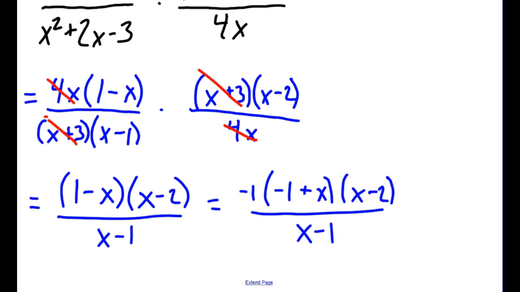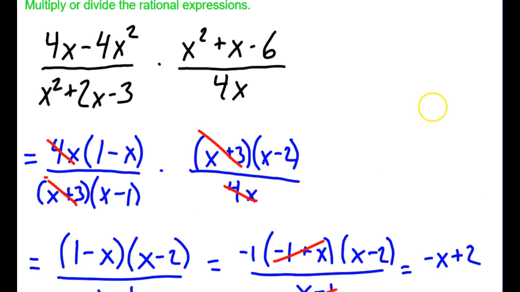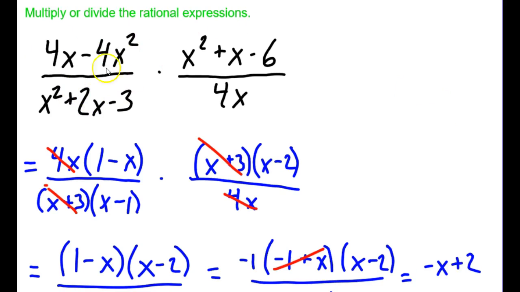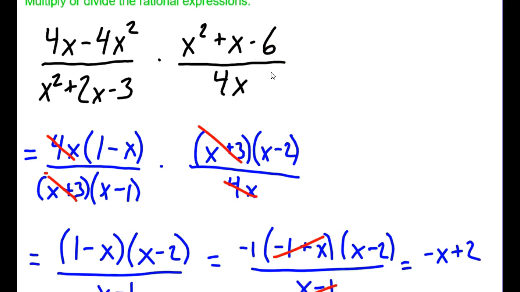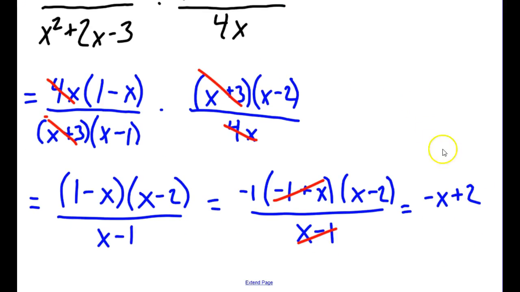The reason we factored a negative 1 out, if you look at this term in the numerator, if I rearrange these terms, that's going to be x minus 1. So it simplifies with numerator and denominator. Now all we're left with, if I distribute this negative 1 through, is negative x plus 2. Starting with a fairly complicated problem, a rational expression times a rational expression, factor those out, simplified, canceled out like factors, we end up with negative x plus 2.